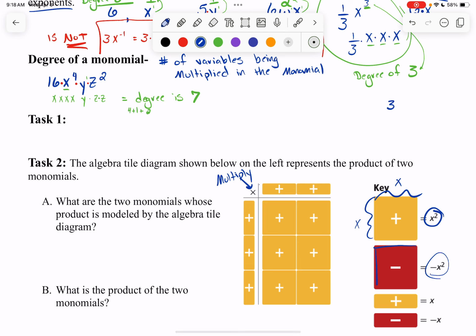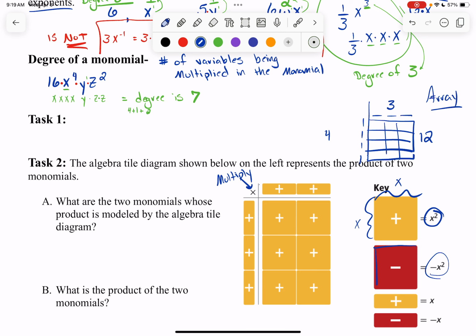If I was multiplying 3, I would have this 3 in length, and then multiplying by 4, this one would be 4 in length. So inside here, I would have a box that's 3 by 4, which would end up giving me 12 inside. It's really just stemming off of that array idea.